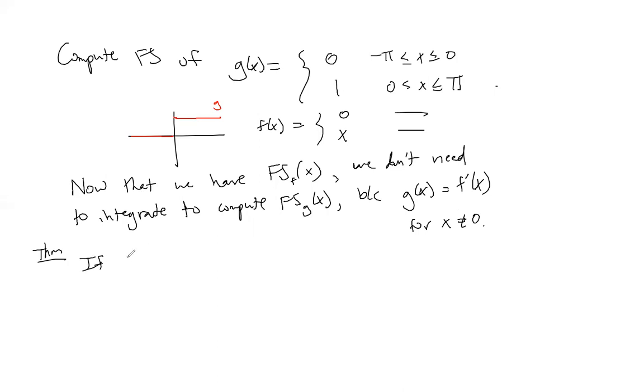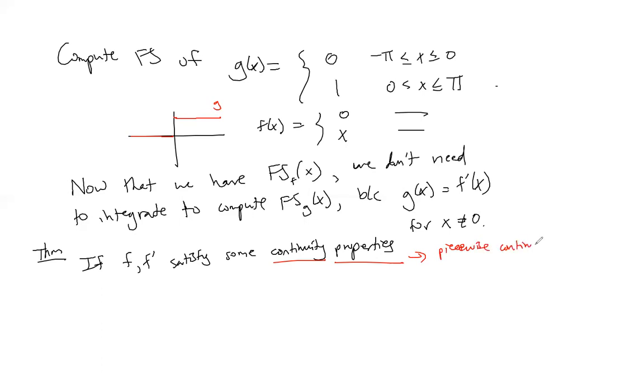If f and f prime satisfy some continuity properties, and if you're actually going to use this theorem, you're going to want to say exactly what these are in the statement, but you can find them in the book. What we really need is for them to be piecewise continuous, and I guess their derivatives are also piecewise continuous.